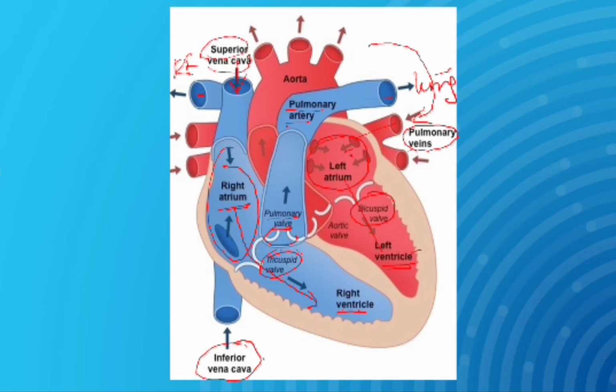Now the oxygen rich blood will be pumped out to the body through the aorta. This is the main artery which distributes blood to all the parts of the body, and it is guarded by the aortic valve. The contraction of the ventricles pushes the blood out of the ventricle into the arteries, where it is distributed to different parts of the body. All the valves are one-way entry. They prevent the backflow of the blood.